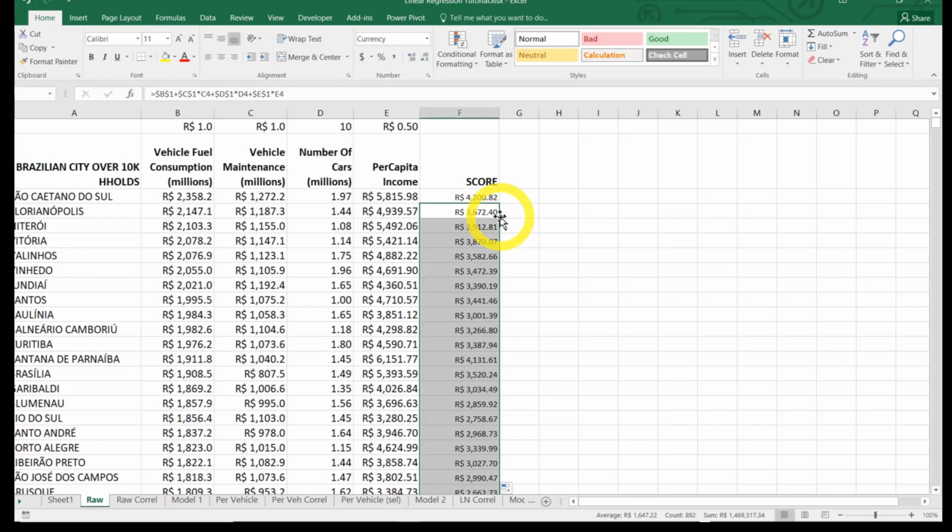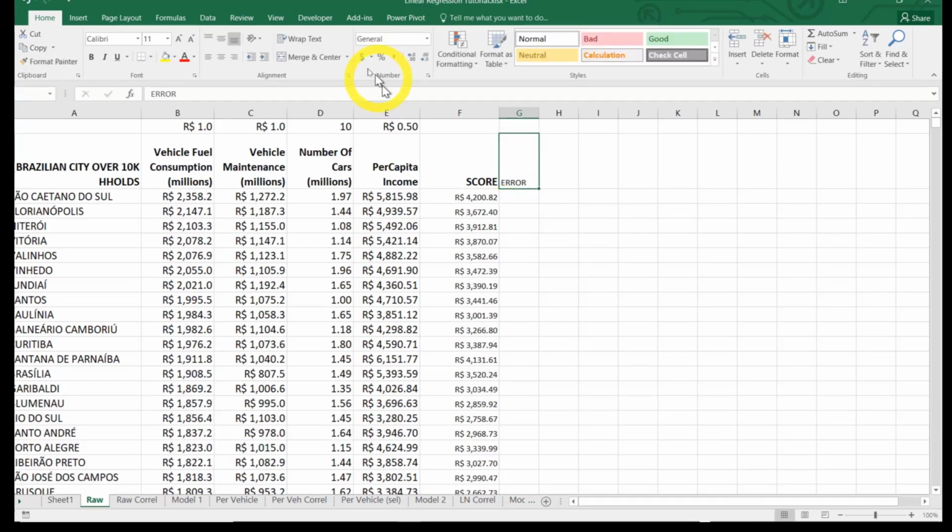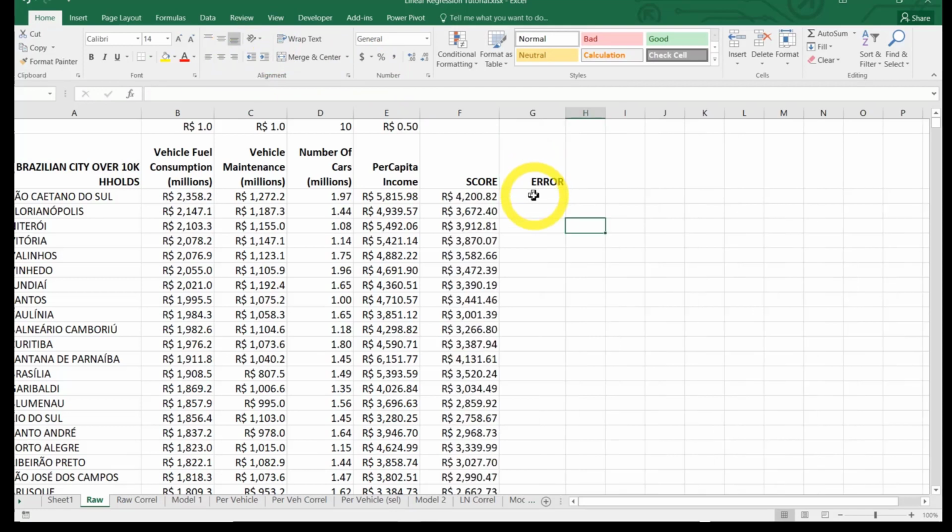And you can see that my score is not exactly a good estimate of the vehicle fuel consumption. How do I know it's not good? I can quantify that by calculating an error. So what is the error? The error will be equal to what it should be, the actual fuel consumption, minus what my score would have predicted.